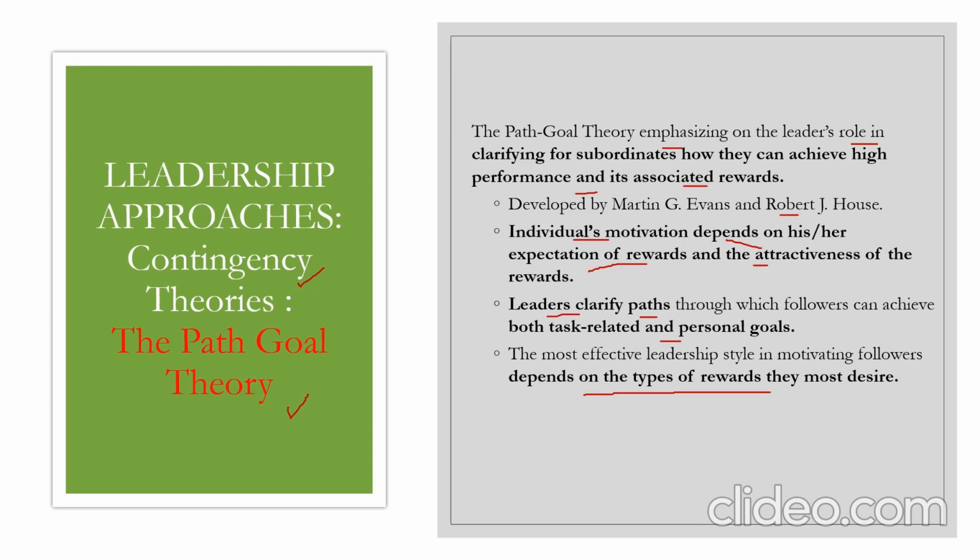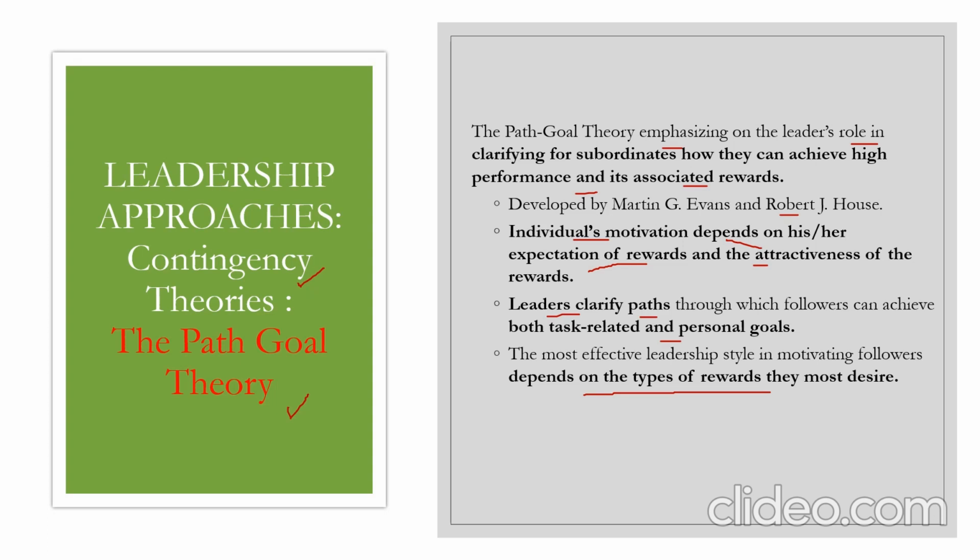Okay, so what is said in this theory is that it is the leader's responsibility to provide the path to the employees to achieve their goal, be it the organizational goal or the personal goals. So it is the job of a leader to provide the path. Adalah menjadi tanggungjawab leader untuk memberi laluan, untuk menunjukkan laluan kepada employees on how these employees should achieve their goals.